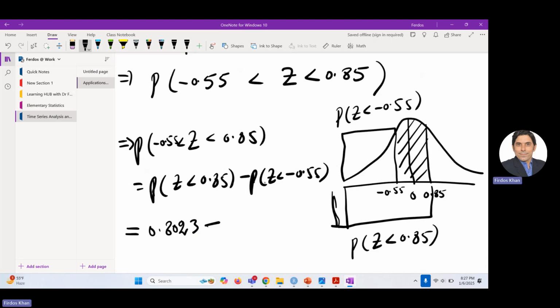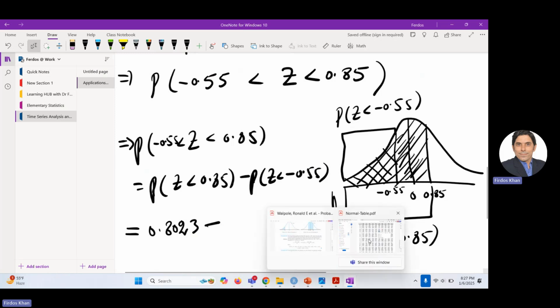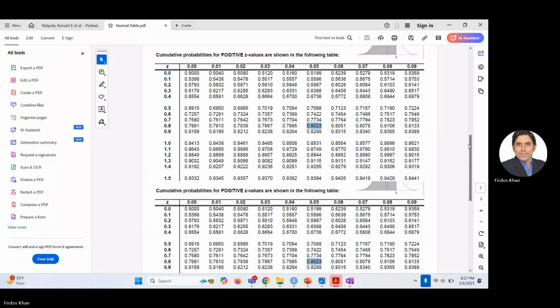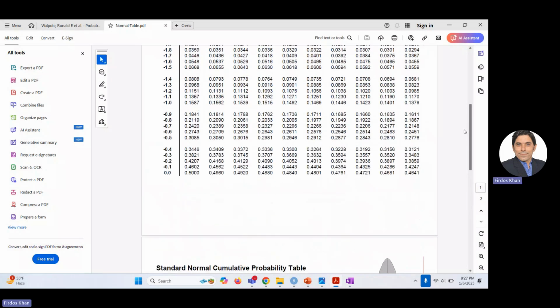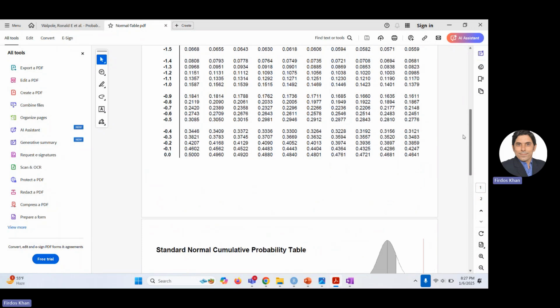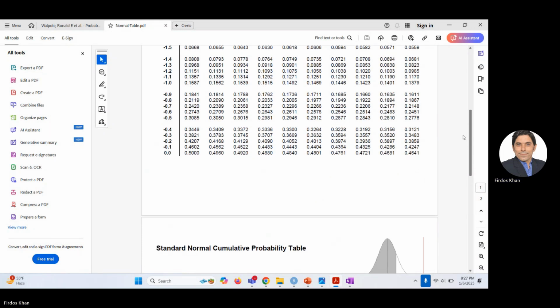Minus, now you need to calculate this probability, that means this area. So now you calculate the area for minus 0.55 and subtract it. Minus 0.55 should be here.